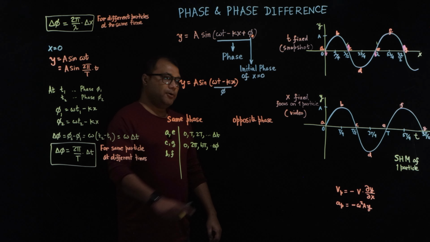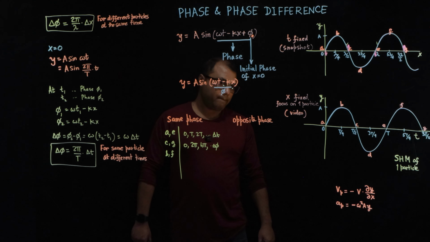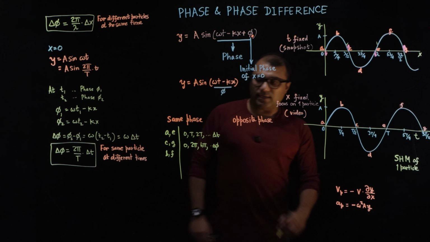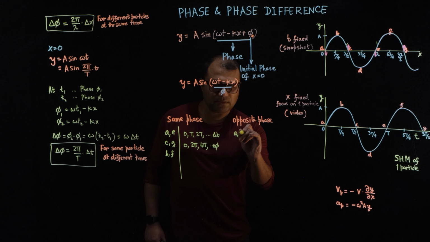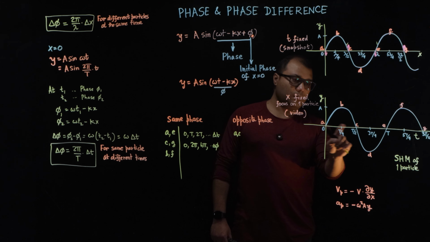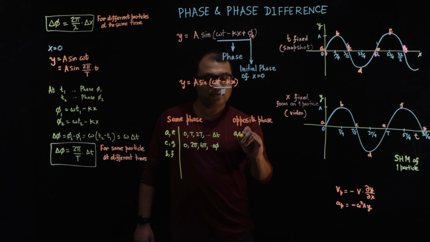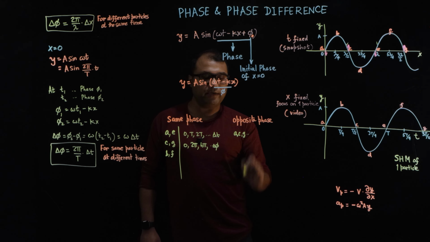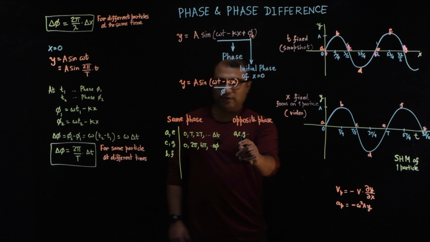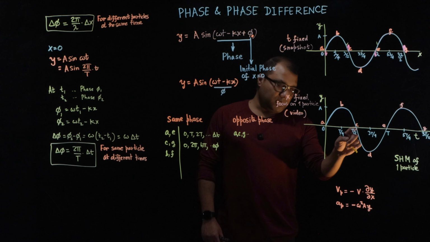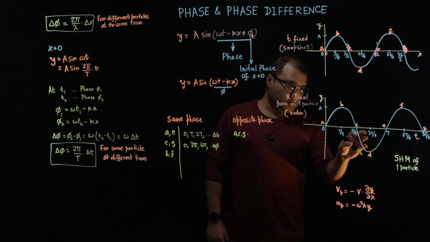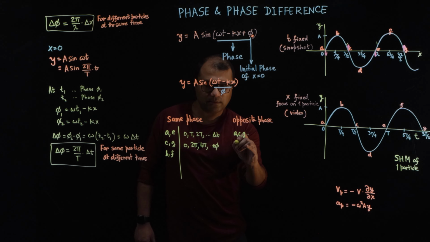Okay. How about opposite phases? A and C are in opposite phase. A, C, again G. So how often it is repeating? That's what I am trying to find out here. Similarly, C, E, these are opposite phases.